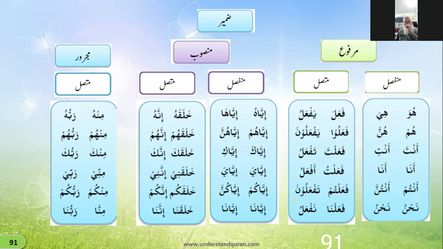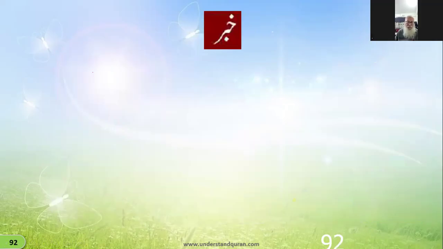In that case, they are mansub. When they are attached with inna, they become ismu inna. When they are attached with the verb, they become maf'ul bih. And they can come attached with the harf and the noun. When they come attached with the harf, they are jar majroor. When they come attached with the ism, they become mudaf. Mudaf is always majroor.